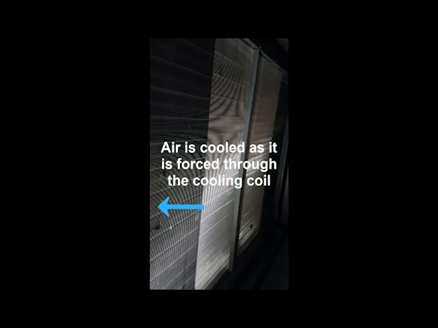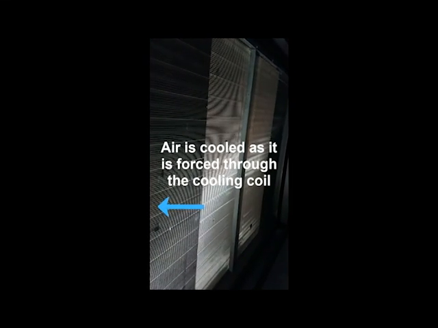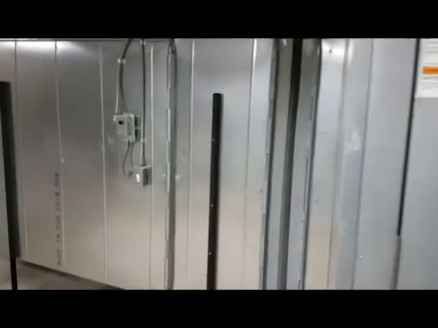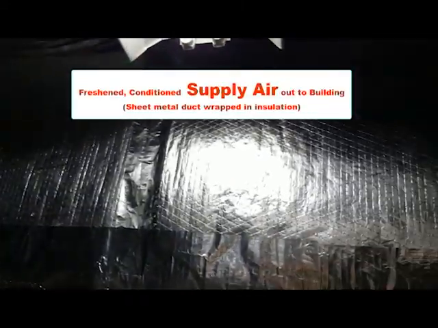Also, as we've discussed, cold water will flow through the cooling coils during the cooling season. If cooling is required, return air can exchange its warm air for cool, as return air is forced through the cooling coils. When this is done, we can now call the freshened, filtered, conditioned air supply air.